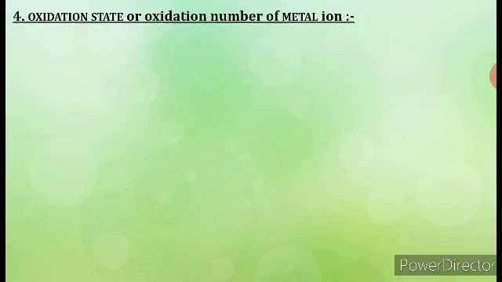So here we are talking about the oxidation state or oxidation number of the metal ion. Simply, the charge present on the metal ion is its oxidation number or oxidation state.